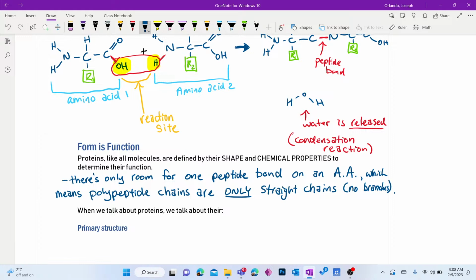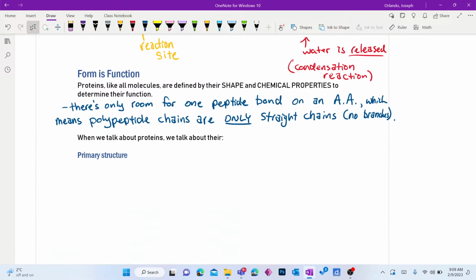Proteins are like Christmas lights. They have form, and form is function. You see, when we talk about proteins, we talk about their primary structure, and we'll talk about what that means.